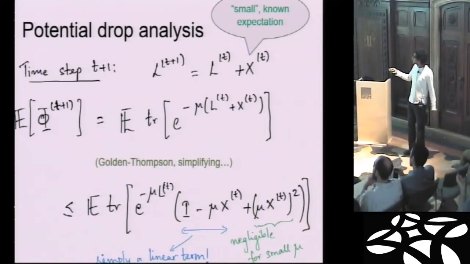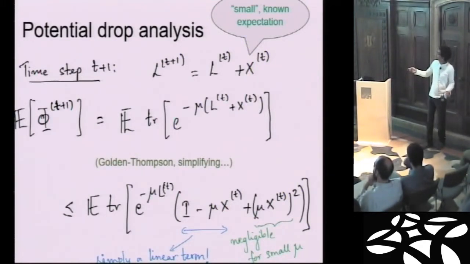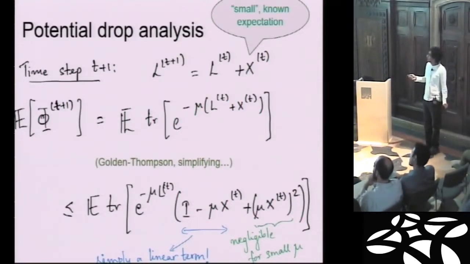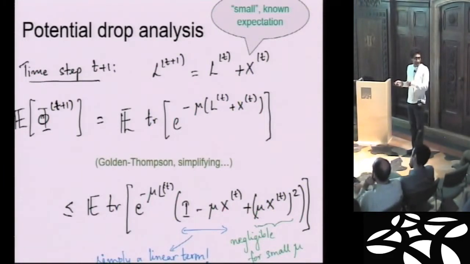So you want to somehow make this phi some kind of a linear term, and that's exactly what you can do. You write this out, and there's a standard inequality called the Golden-Thomson inequality, and then you can simplify. The choice of mu can be used to make this quadratic term negligible.